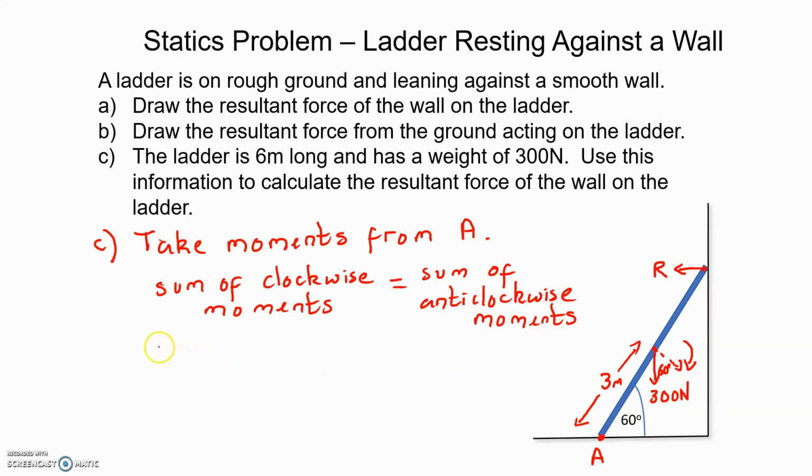So the component of force that we need is 300 cosine 60, and the distance from point A is 3 meters. That is balanced by the anti-clockwise moment, which is the reaction force at the top of the ladder.